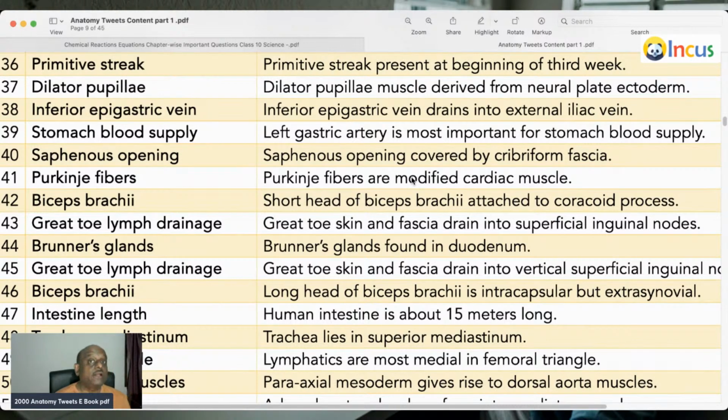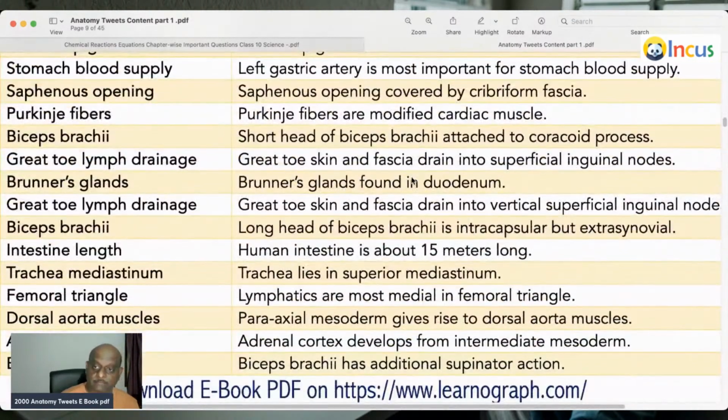Where do you find Brunner's glands? Brunner's glands histologically are the hallmark of the duodenum, is what you need to remember. Long head of the biceps brachii is intracapsular but extrasynovial.